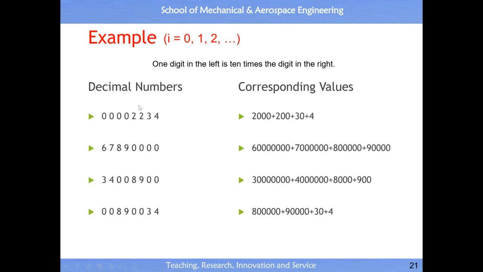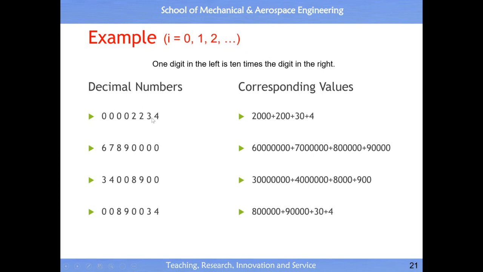Position is 3, then 10 to the power 3 is 1,000. 2 times 1,000 is 2,000. For this one, the value is equal to 2 times 10 raised to the power 2. 10 to the power 2 is equal to 100. Then it's 200.